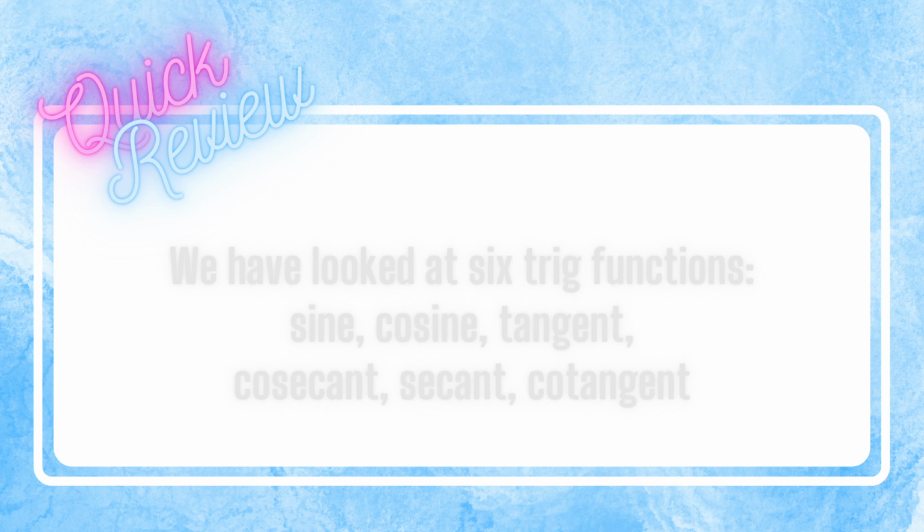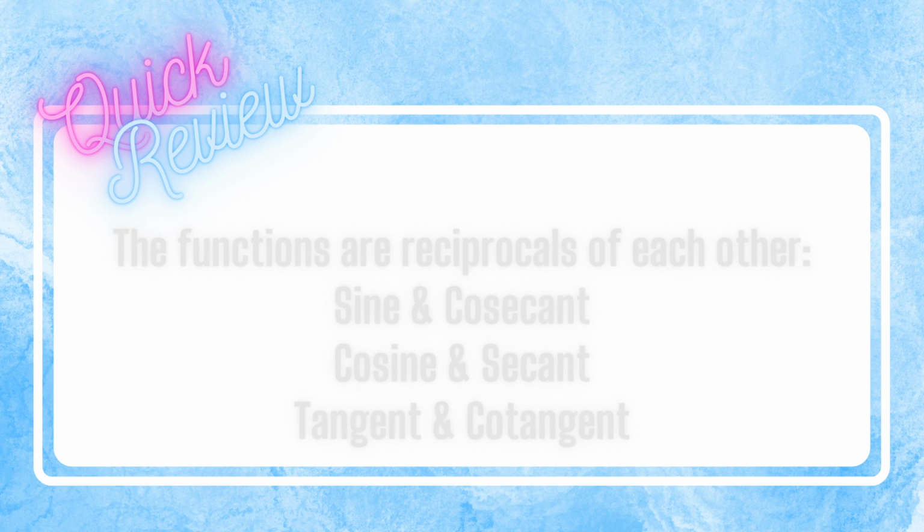So here's a quick review for today. We've looked at 6 trig functions: sine, cosine, tangent, cosecant, secant, and cotangent. The functions are reciprocals of each other. So sine and cosecant, cosine and secant, and tangent and cotangent are reciprocal pairs.